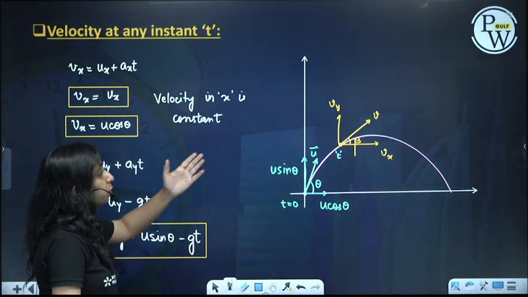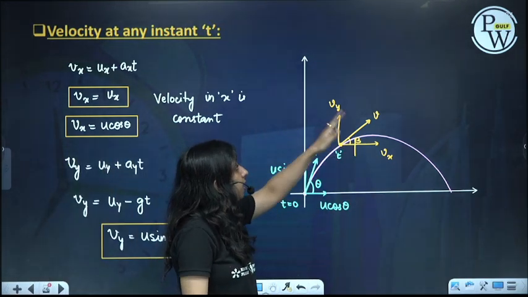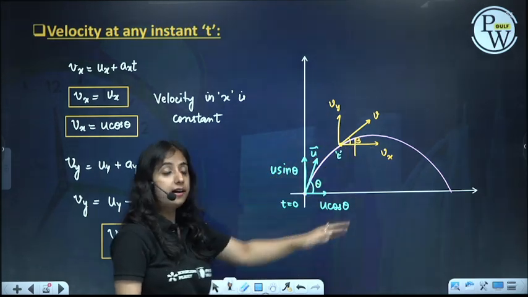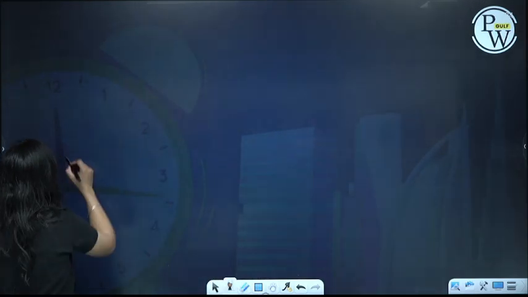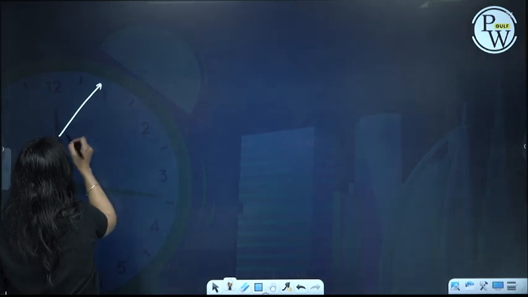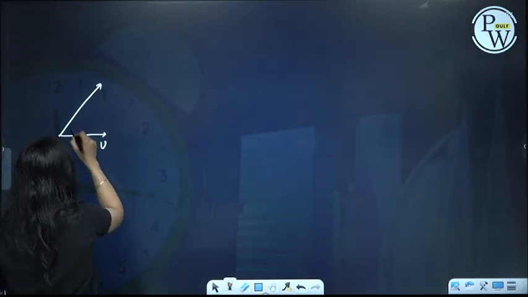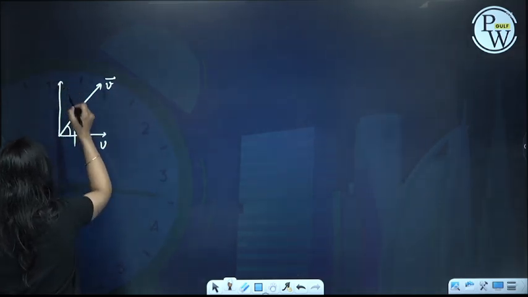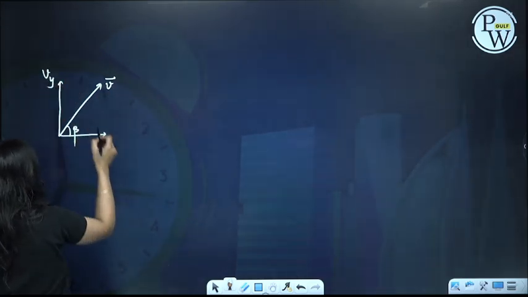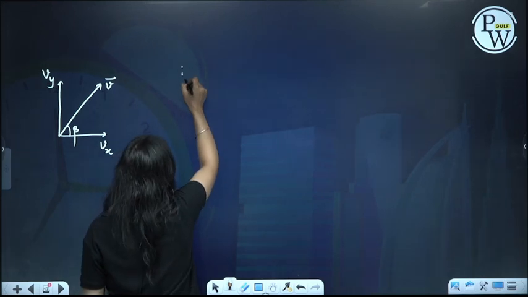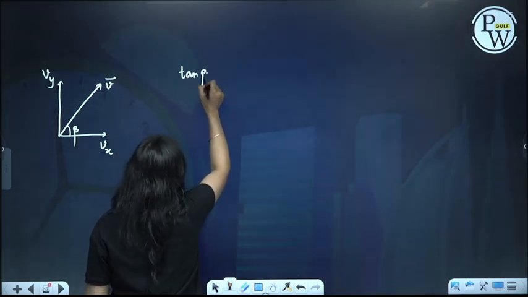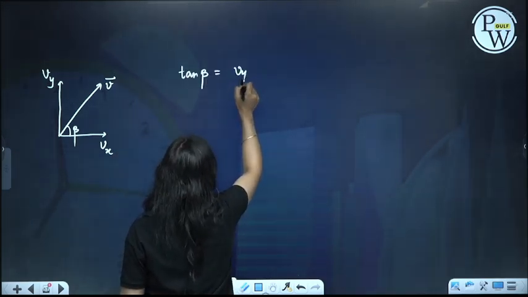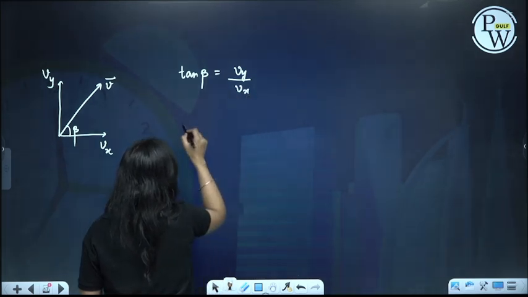Now, if we want to find the angle with the horizontal, these are the two components. Take tan of beta. This is our v vector. This angle is beta. This is Vy and this is Vx. So tan beta will be equal to Vy by Vx.